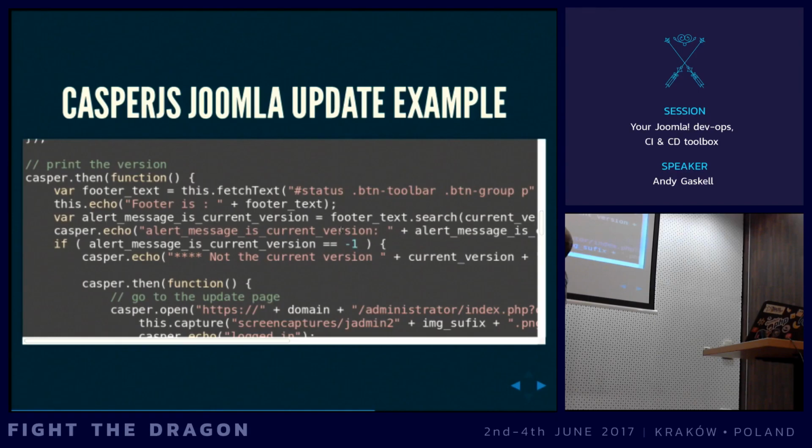It reads the Joomla version from the footer of the administrator's template and compares that with the version that you set. Then click on the purge button in the admin, take another screen grab. You end up with a lot of screen grabs.